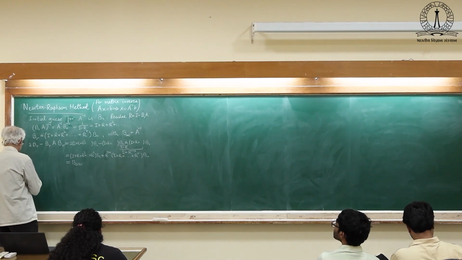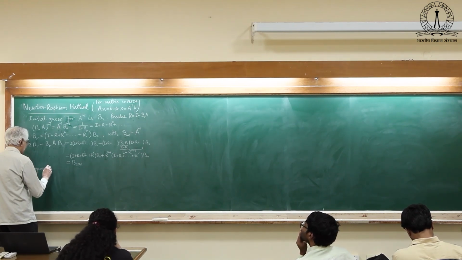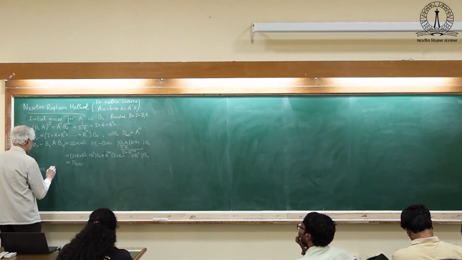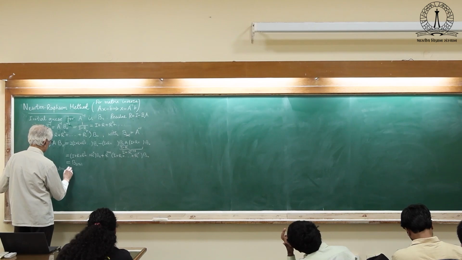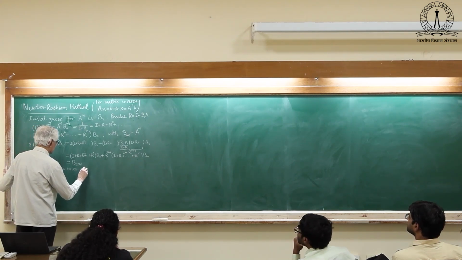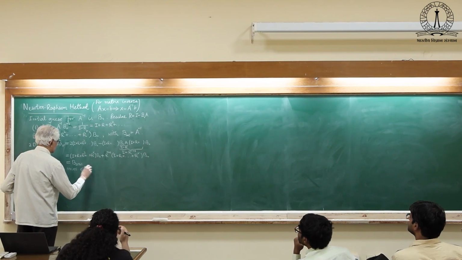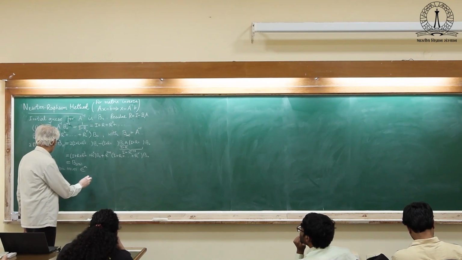So just convergence for geometric series basically goes as epsilon to the power n, and n keeps on incrementing one at a time.